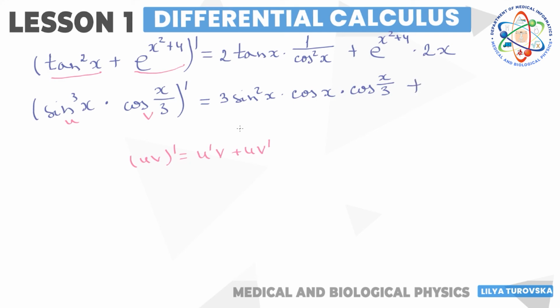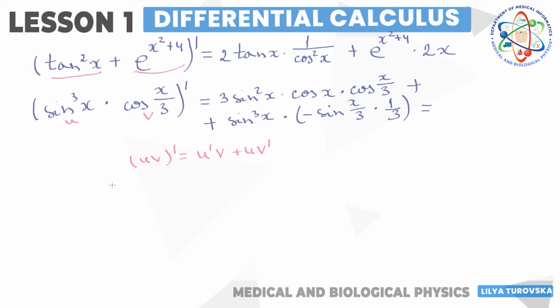Then plus the function u, the first part the same, sine cubed of x, multiplied by the derivative of cosine of x over 3. So the derivative of the outside function, the derivative of cosine, is minus sine of the same argument, multiplied by the derivative of the inside function, the derivative of x over 3. The derivative of x is 1, so we just get 1 over 3.